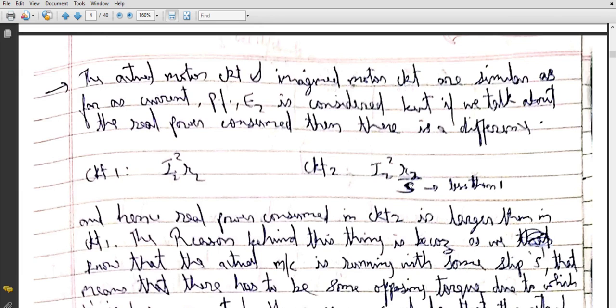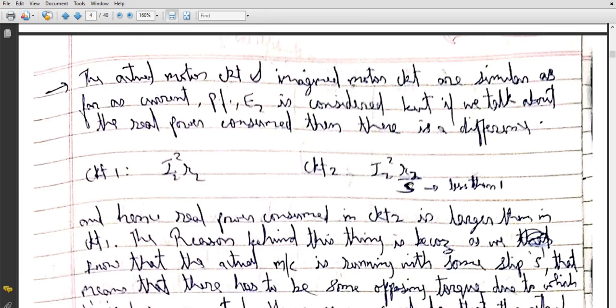Because we know that whenever the rotor starts, suppose there is an induction motor whose synchronous speed is 1500 rpm. Now suppose the rotor is rotating at no load. No load means there is no external load on the induction motor; the motor is only rotating the shaft.